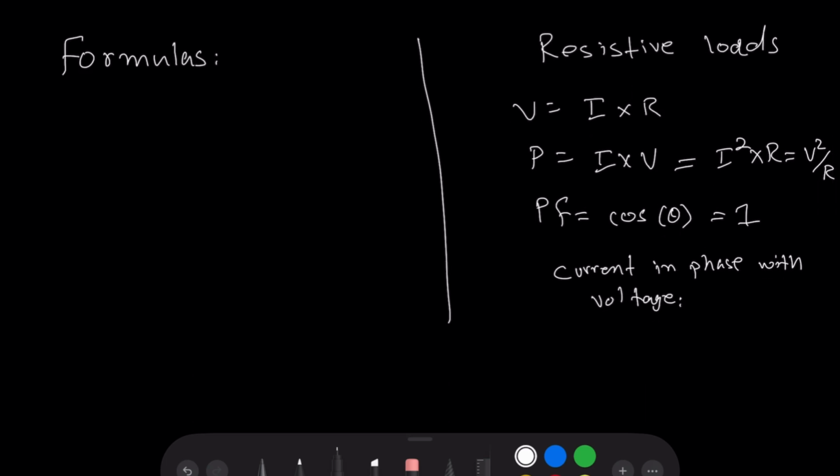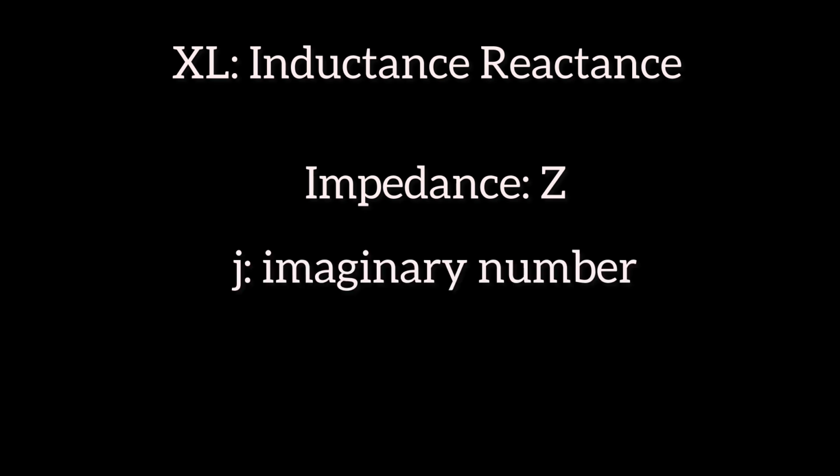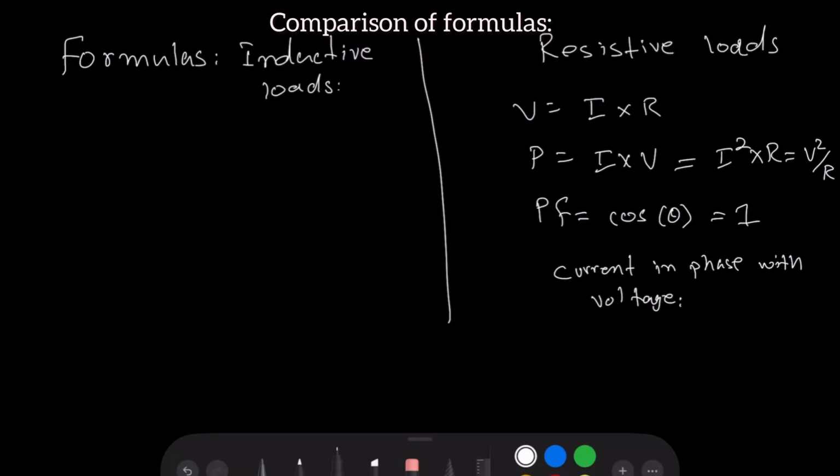Now going to inductive loads. Before that, there are a couple of letters that we will discuss. We have XL, which is inductive reactance. We have Z, which we call impedance. We have the letter J, the imaginary number part. We have angle theta, which is the phase angle. In our inductive load section, we have quite different formulas.